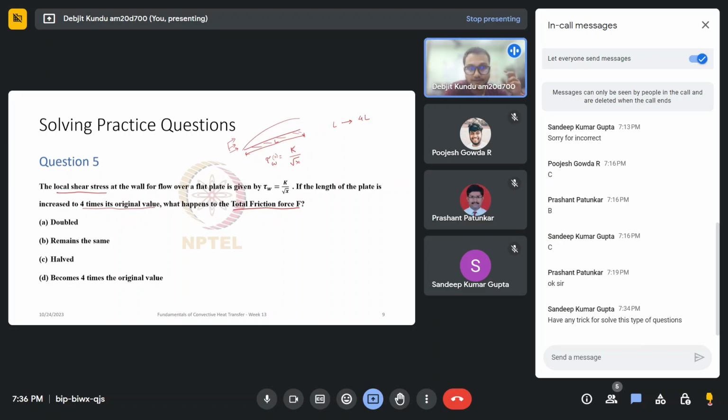Okay, so there's a question in the chat box asking whether there is any trick to solve this type of question. I believe this is regarding the previous one. There's no trick to it unless you find some way to simplify the math of the integration. The forms are all y by delta to the power n.